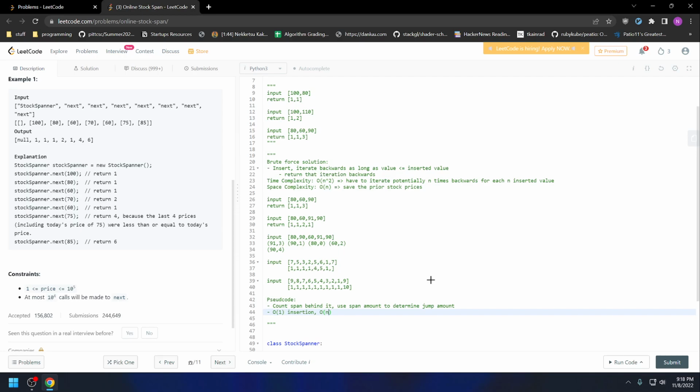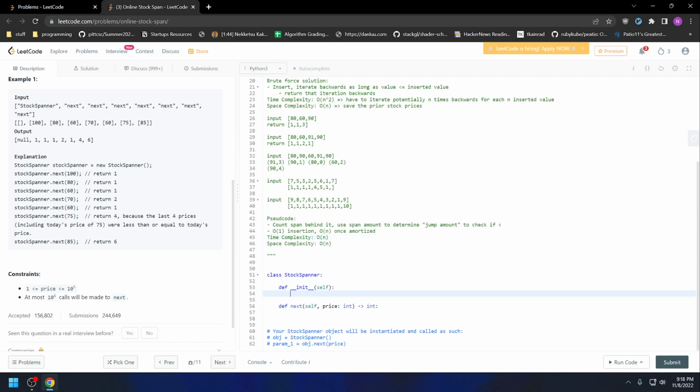But it's only O of n once if you amortize it. Once amortized. Time complexity, O of n, space complexity, O of n. Expected jump amount to check if less than.